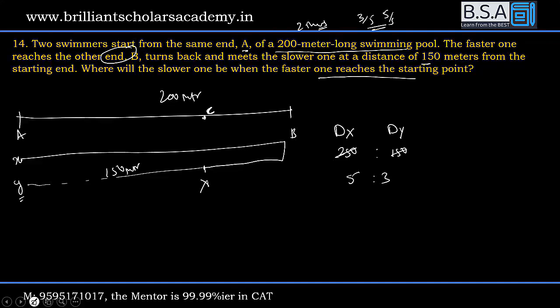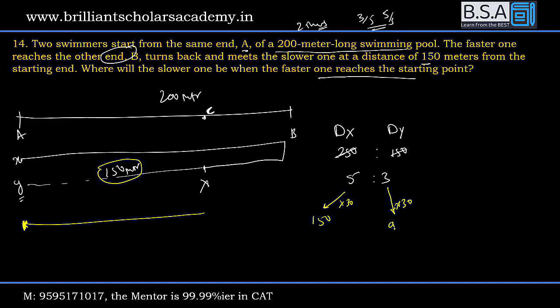I want to know when X has reached here, where is Y? So X has to travel how many meters further? 150. If X travels 150, that is 30 times 5, how much will Y travel? Y will travel 30 meters into 3, 90 meters.